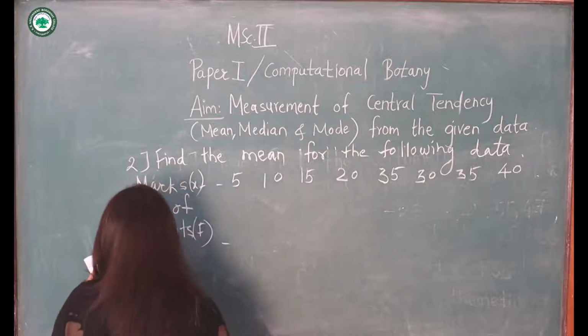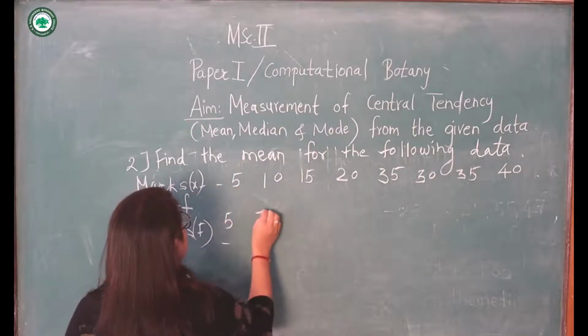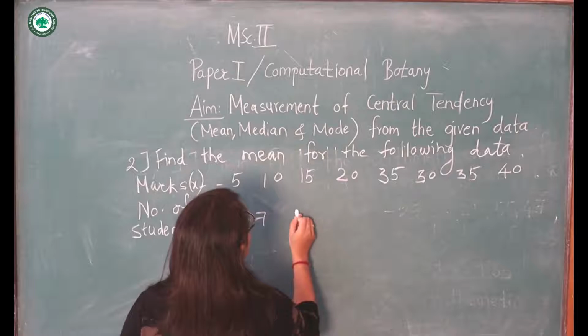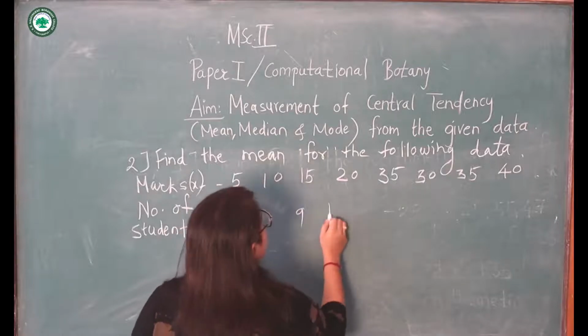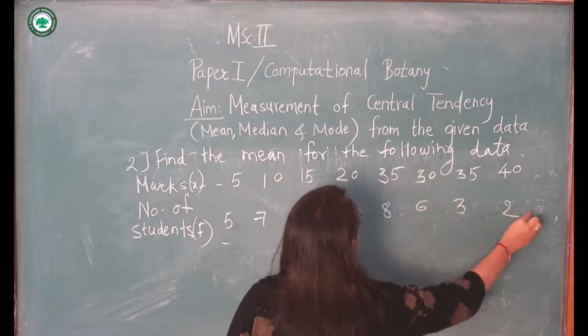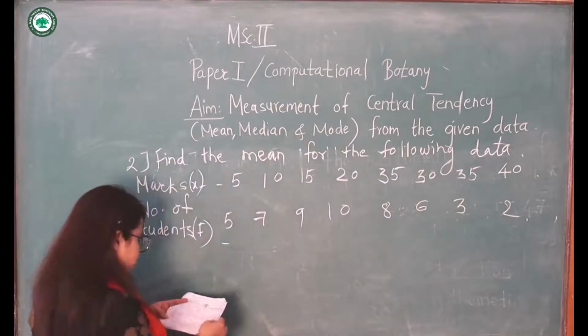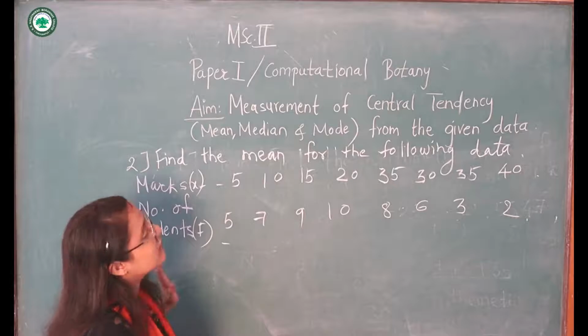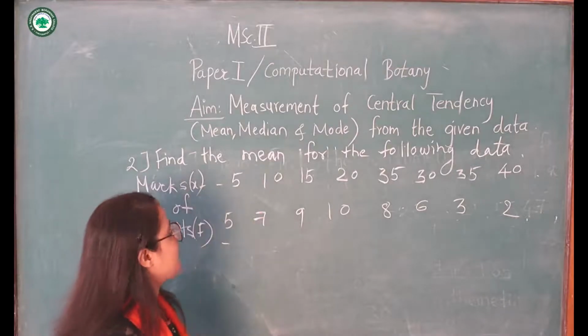In the number of students, that is F, the data is 5, 7, 9, 10, 8, 6, 3 and 2. So here you have to calculate the mean for the following data.